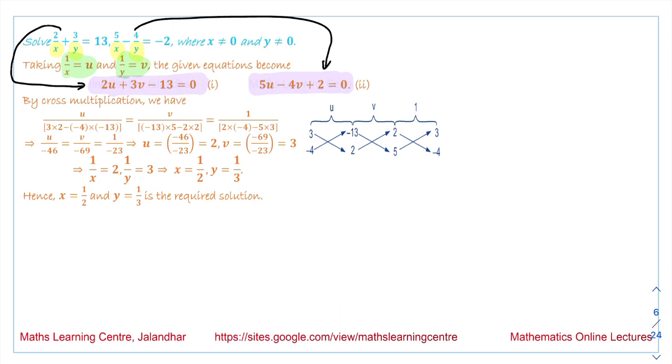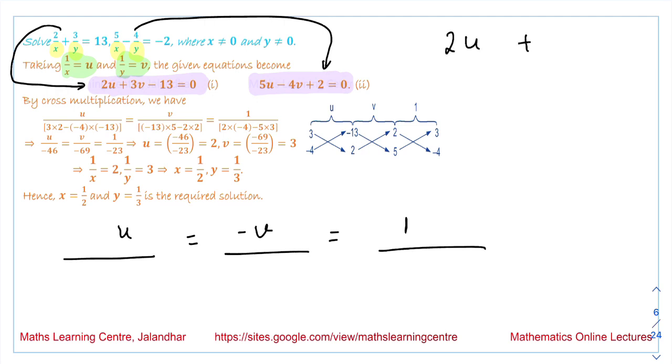So for these equations, again we can write the answer as u, minus v and 1. The equations we have are 2u plus 3v minus 13 is equal to 0 and 5u minus 4v plus 2 is equal to 0.